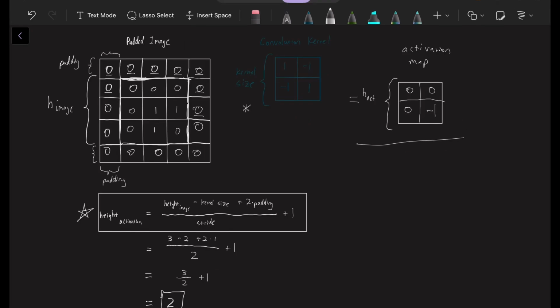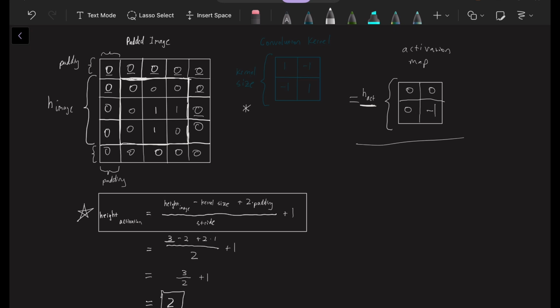So this formula will tell you what activation map size output to expect from all the input sizes and parameters that you're using. So we simply take our original height of our image, which is 3, and we plug it in here. So height of image, you can see. And then we subtract the kernel size, which is 2.